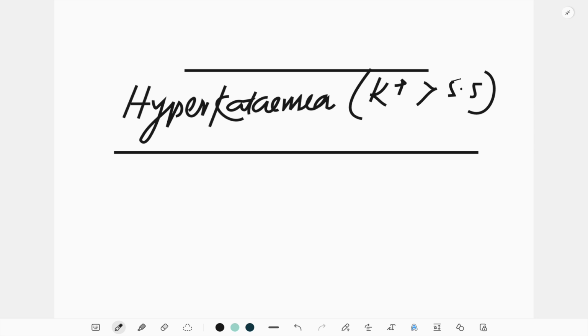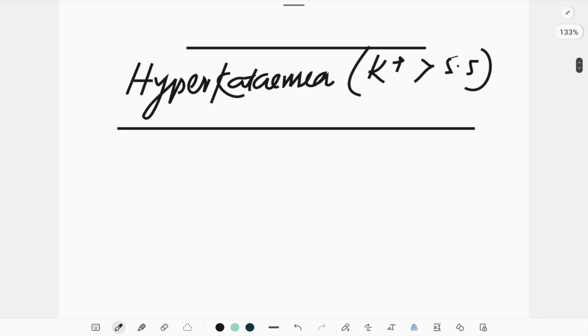Now, when we are talking about the management of hyperkalemia, we have to categorize the patient presenting with hyperkalemia, that is, potassium level more than 5.5. So at first, the first step.